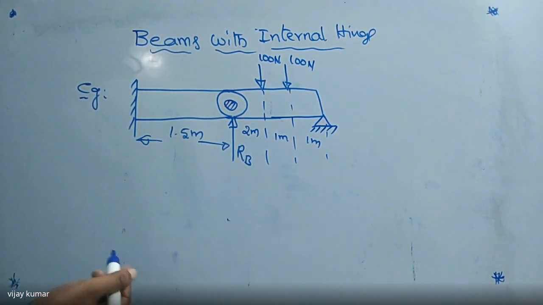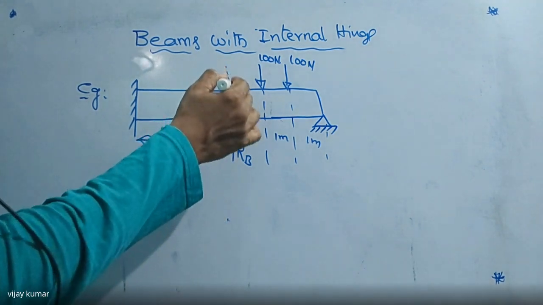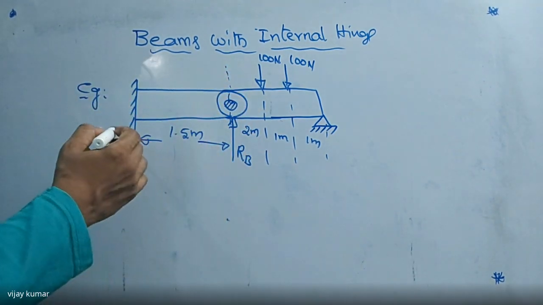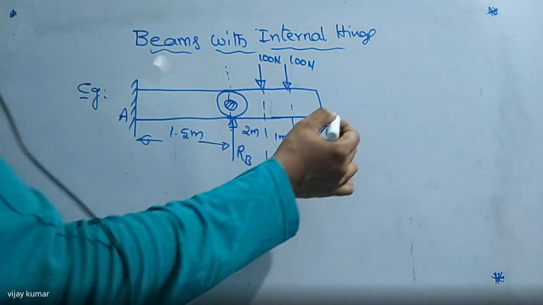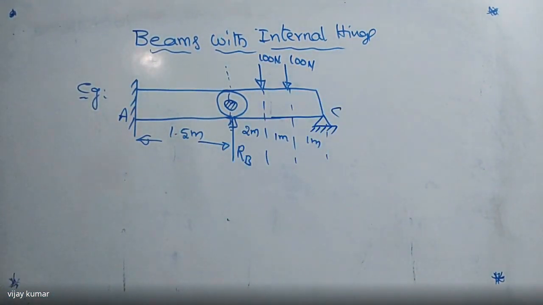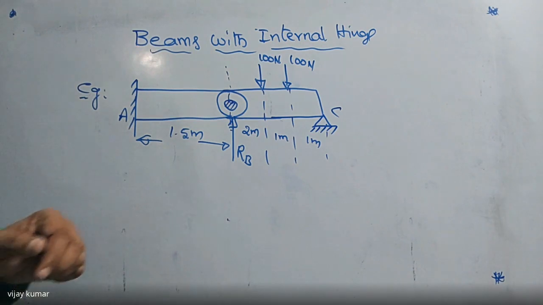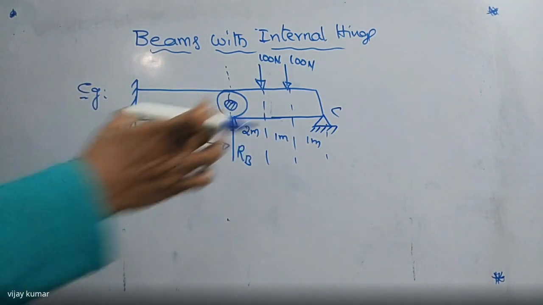Now how do we find the RB value here? Take this as a free body diagram. This one is A, this one is B, and this one is C. Take the free body diagram of this part.